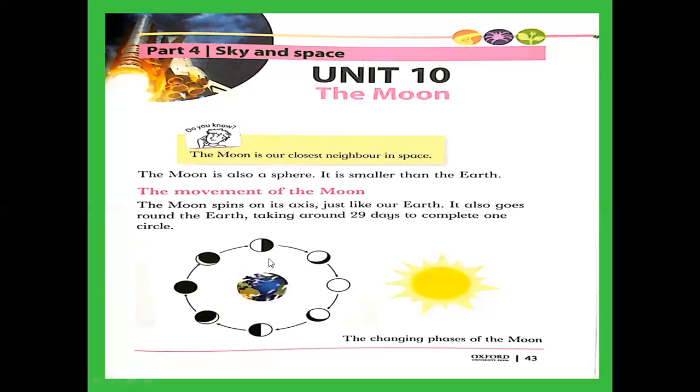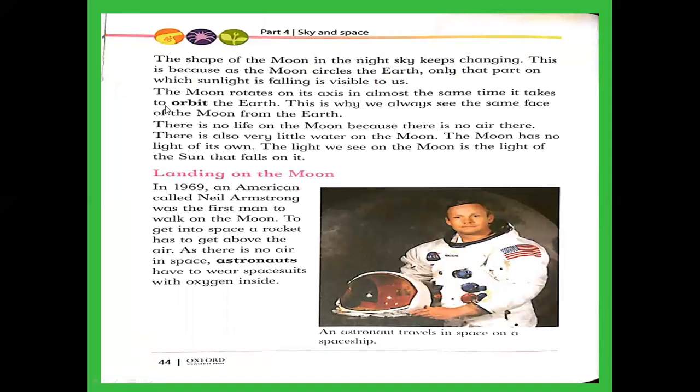Now you can see these are the changing phases of the moon. This is the earth and this is the moon, and this is the sun. Page number 44. The shape of the moon in the night sky keeps changing.